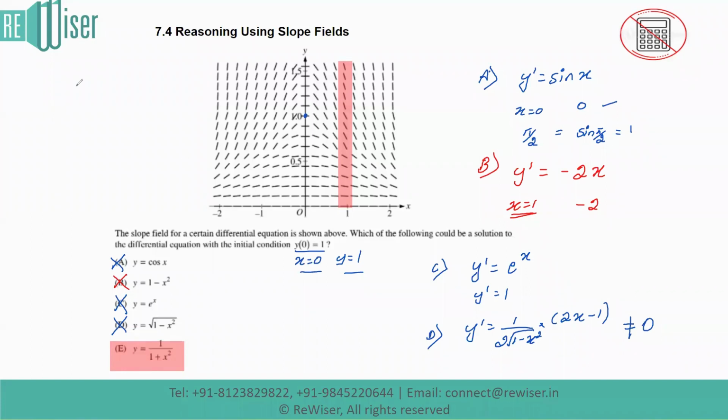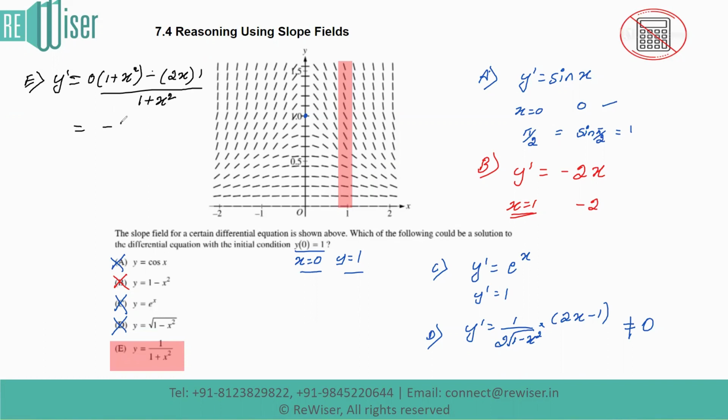So the option E goes something like this. Let's say I have y equals this. If I find the derivative using the quotient rule, y dash is equal to the differentiation of the numerator, which is 0, keeping the denominator as it is, minus the differentiation of the denominator, which is just 2x, keeping the numerator as it is, and the entire thing divided by 1 plus x squared whole square.